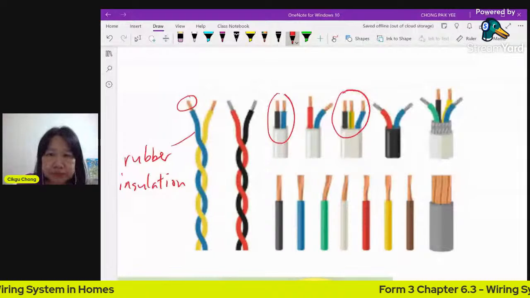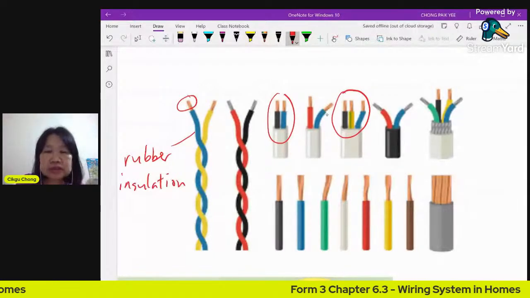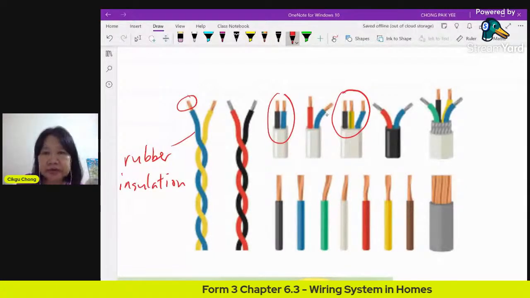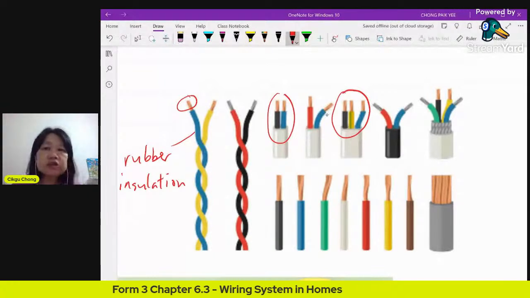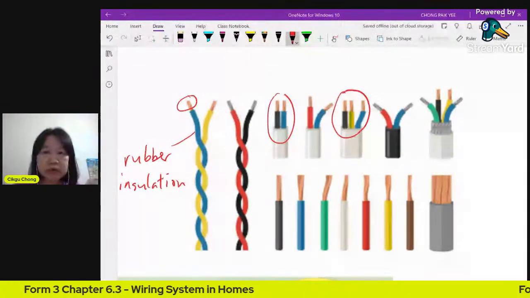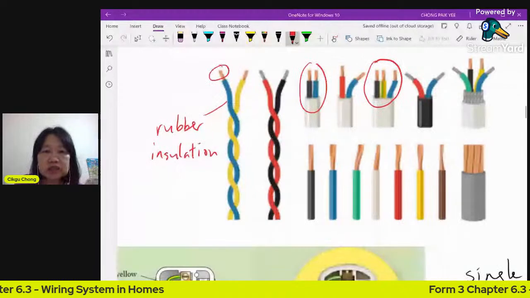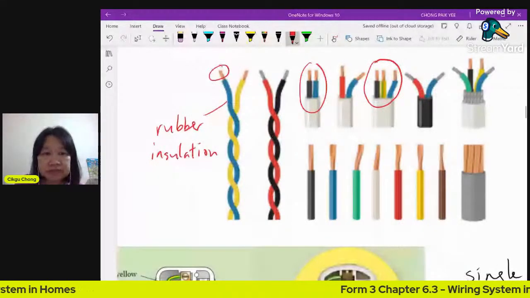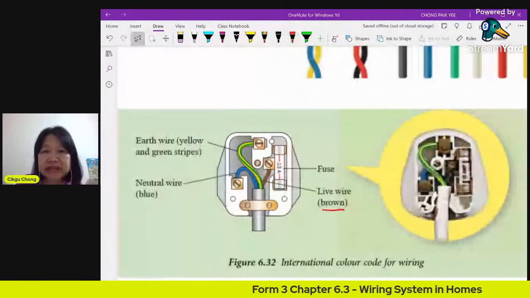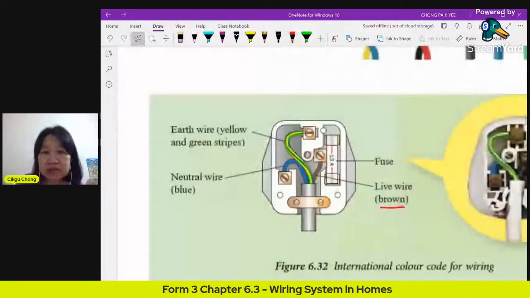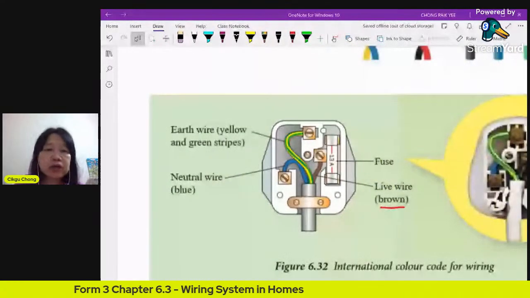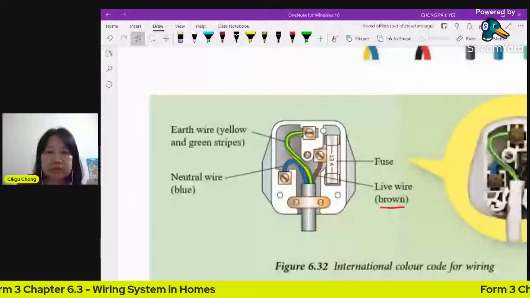Usually when I talk about our wiring system, we have three. If you take out your socket, let's look at the types of wires. I think you learned this in RBT. Our wiring here has three types of wires. You have a live wire.